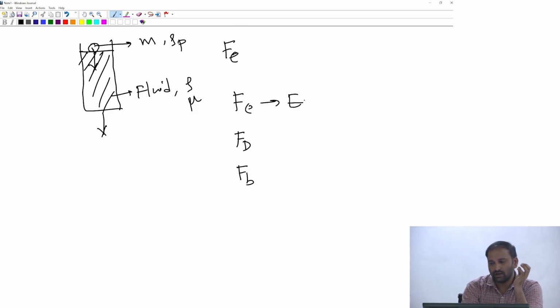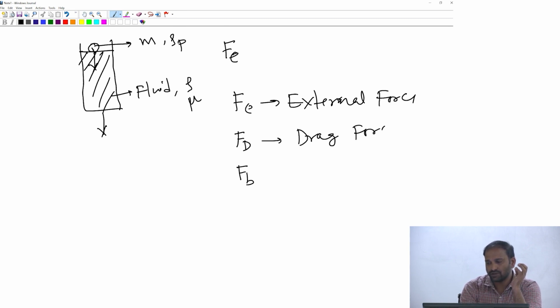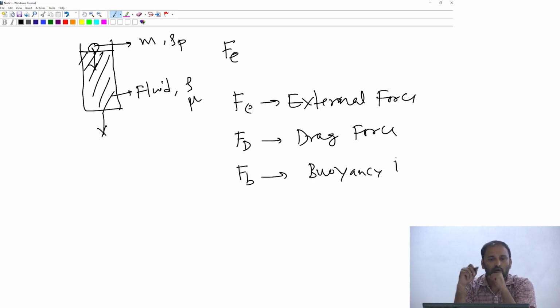This is your external force, this is your drag force, and this is your buoyancy. Now what you can do is think about writing a simple force balance. You can use Newton's second law, that is F is equal to ma.